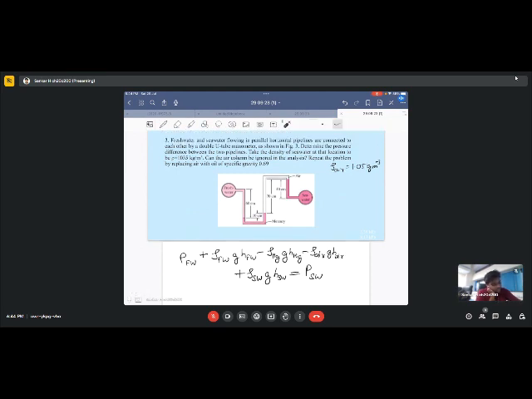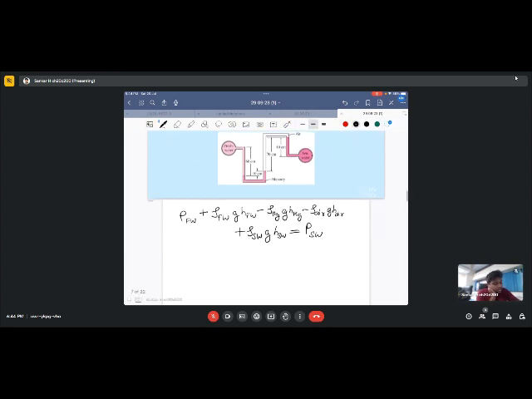So once you have formulated this part of the equation, the rest of the solution becomes very easy and straightforward. All you need to do is substitute the values.